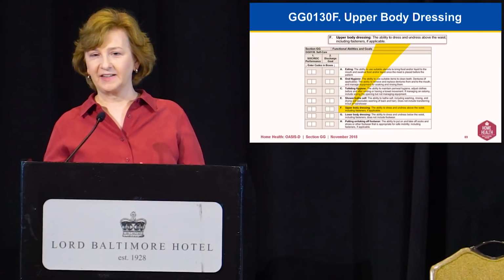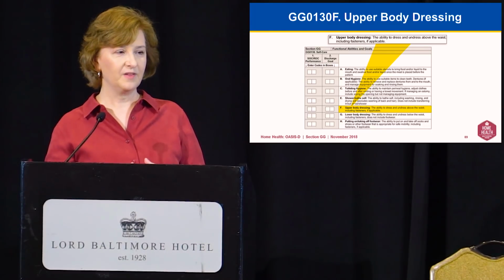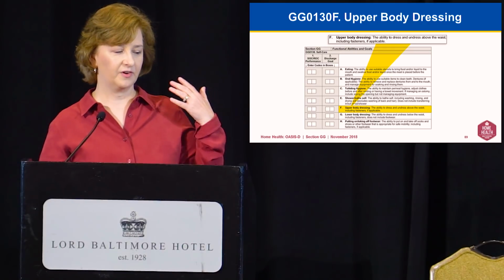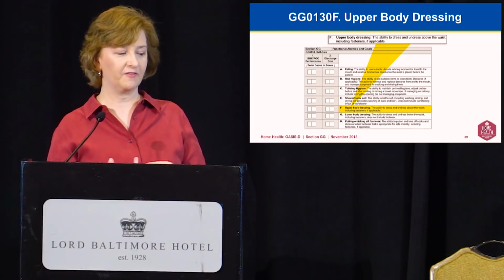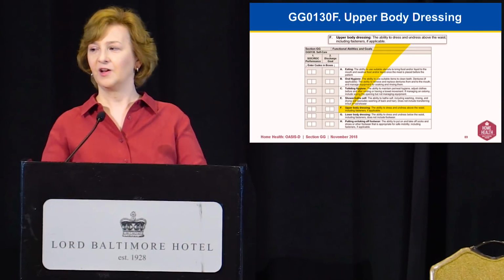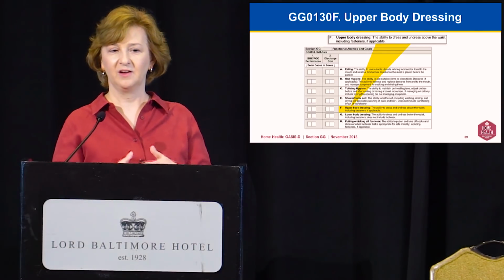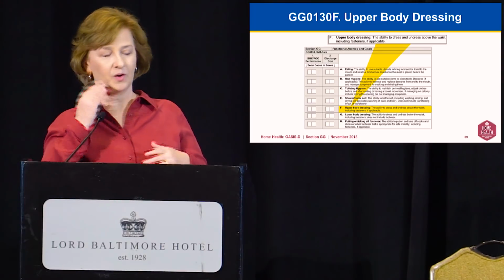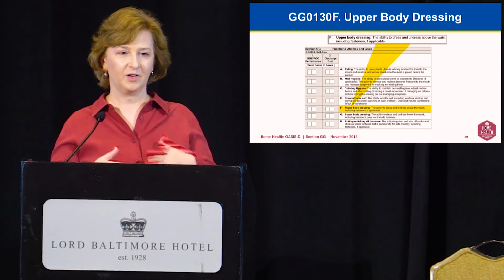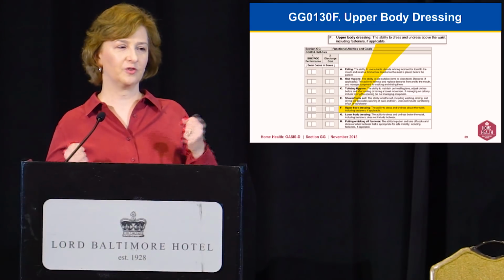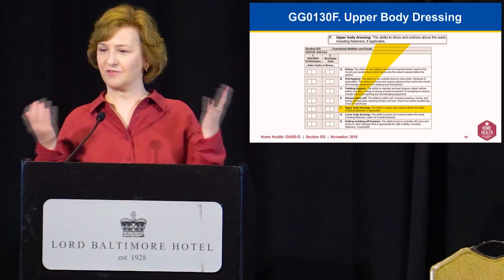The next 3 activities relate to dressing. It's split up for upper body dressing, which is the ability to dress and undress above the waist, including fasteners. Code based on whatever the person wears. So a woman may be wearing, let's say, a bra and an undershirt and a button-down shirt, or maybe just a t-shirt.